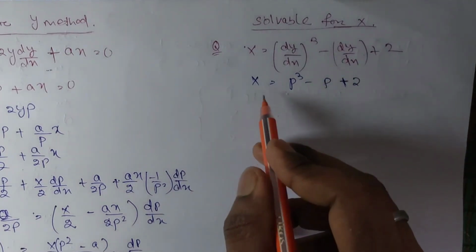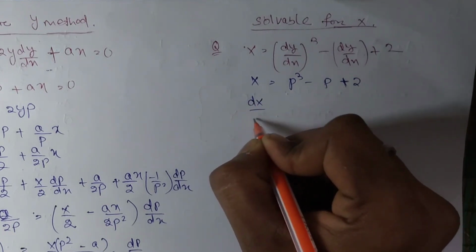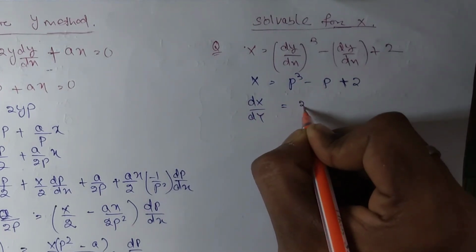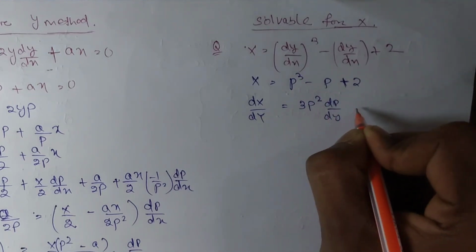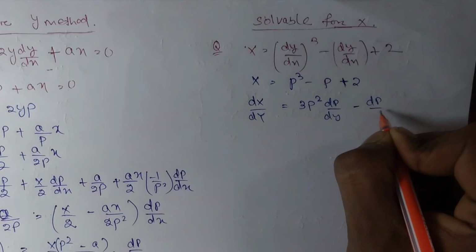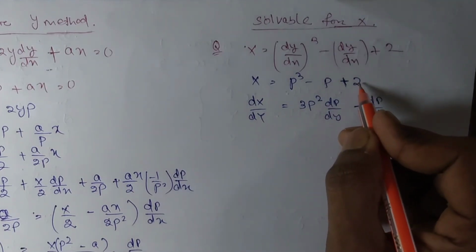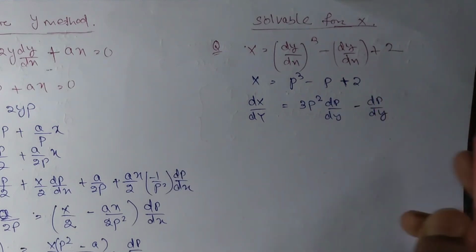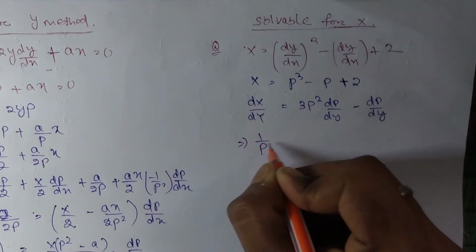So here the x term is already separated, so we have to differentiate it with respect to y. dx by dy equals 3p square dp by dy minus dp by dy. And here 2 is a constant, so it becomes 0. dx by dy is nothing but 1 by p.